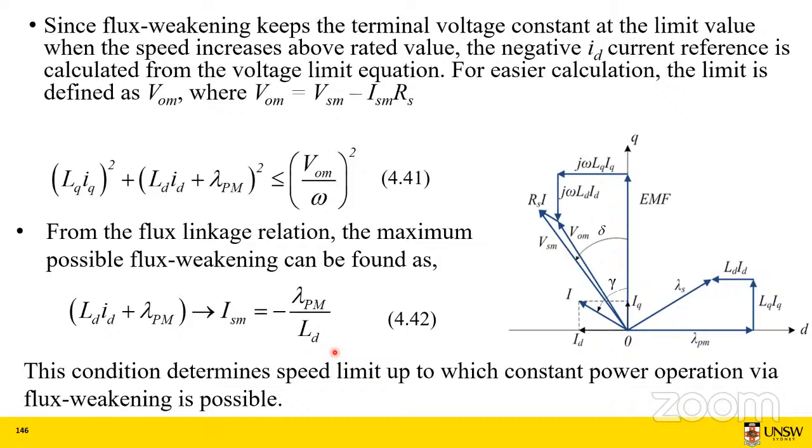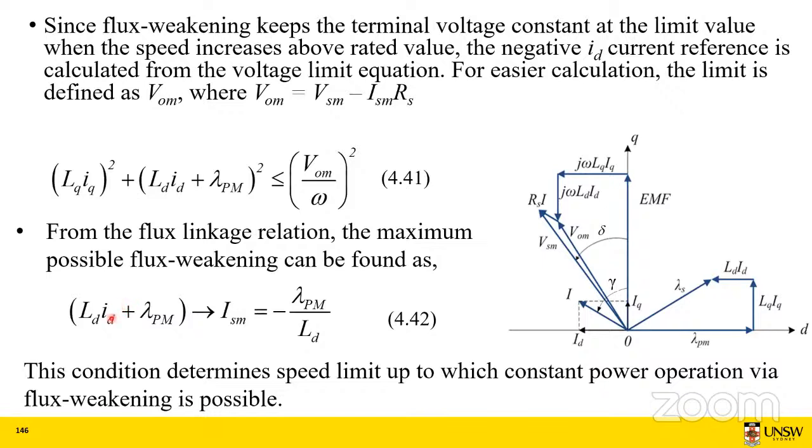But obviously in a real machine, that's not possible. But this theoretical limit is actually useful. So if lambda PM is equal to LD ID, that's our limit for flux weakening.